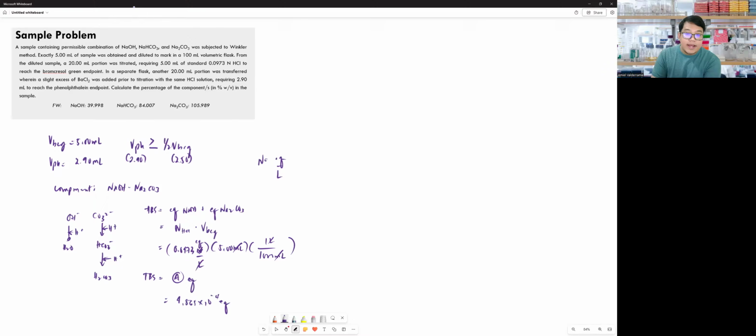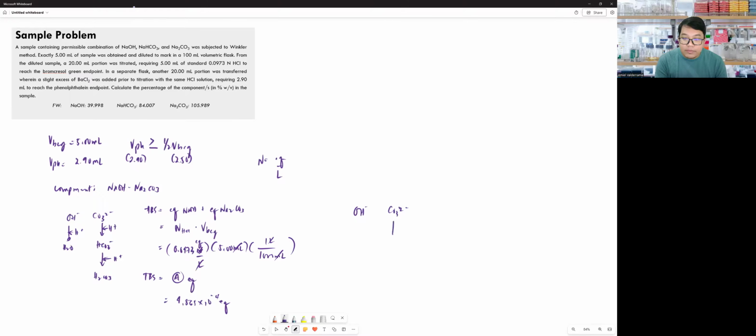Okay. Next naman, ang ating modified procedure using flask 2. So, OH minus plus CO3 2 minus. Sabi dito, in another flask, naglagay ng barium chloride.